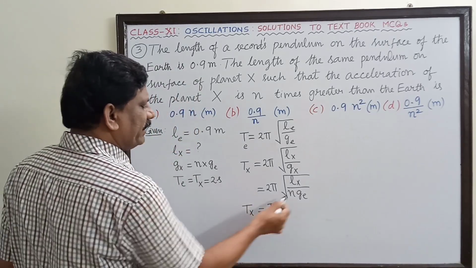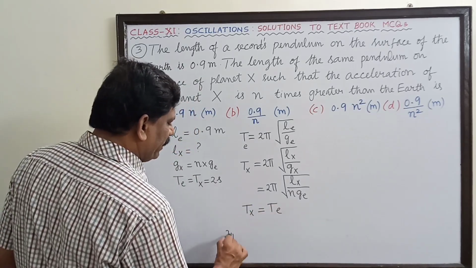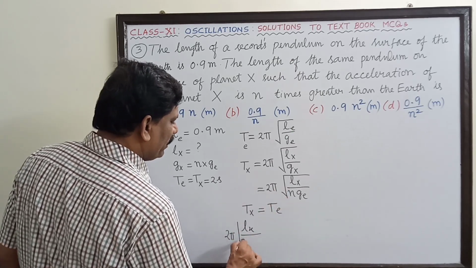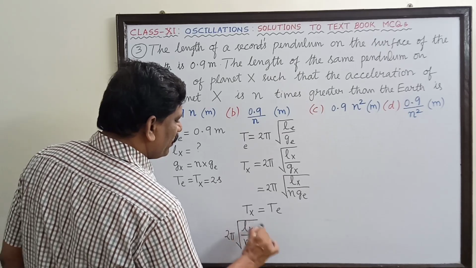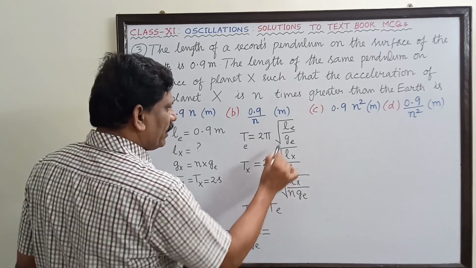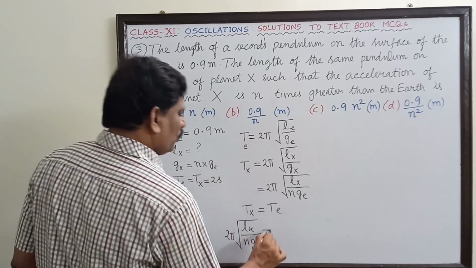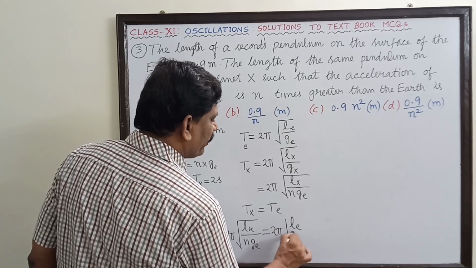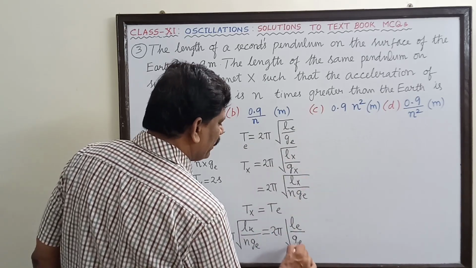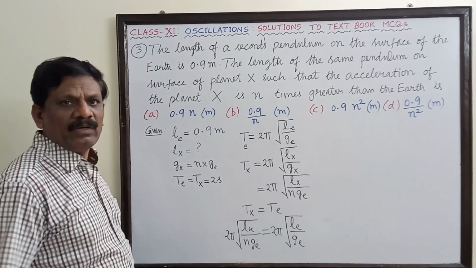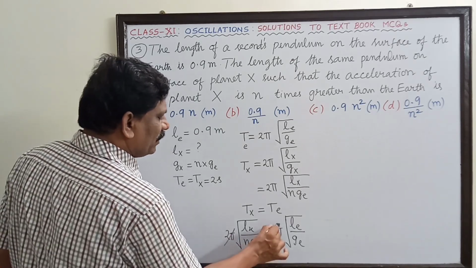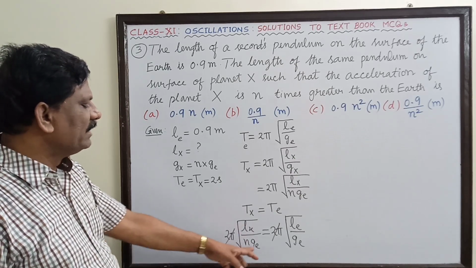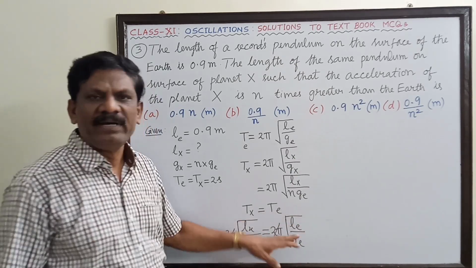On the left side, I will substitute 2 pi into square root of L_x divided by n times g_e, and this is equal to, on the right side, 2 pi into square root of L_e, length on earth, divided by g on earth. Now the constants 2 pi and 2 pi get cancelled. So square root of L_x by n g_e is equal to square root of L_e by g_e.